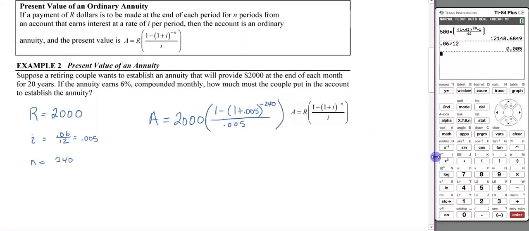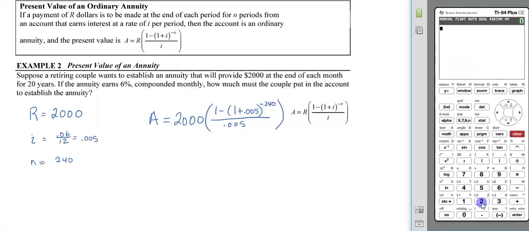Let's put that into our calculator here. 2,000 times parentheses. We'll use our fraction template. 1 minus 1.005 to the negative 240, and that's divided by 0.005.